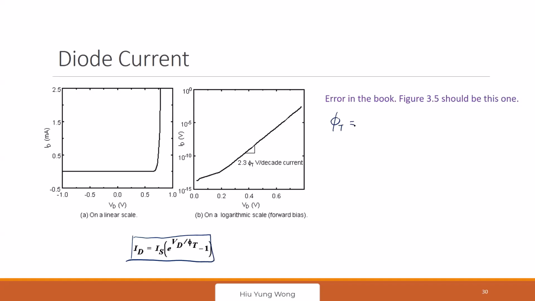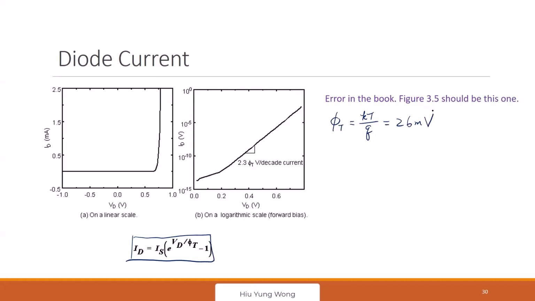It should be 26 millivolt. Yes, it's the thermal voltage, kT over q. It's not related to built-in. The built-in will go to the IS relation, but very good.